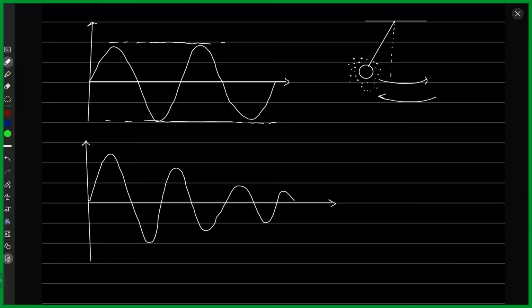And at the end, what's left is this bob with less and less energy. Right? So it's losing its energy into the environment. And that loss of energy means that the amplitude of the oscillation would start decreasing, and decreasing.